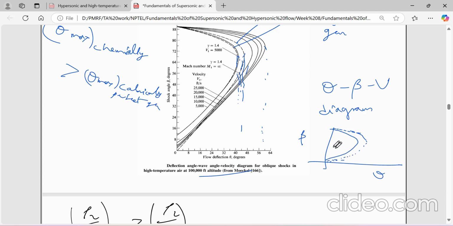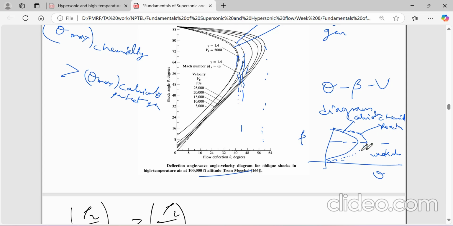So this zone is for weak shock. So for weak shock, this curve is for chemically reacting gas, and this is for calorically perfect gas.